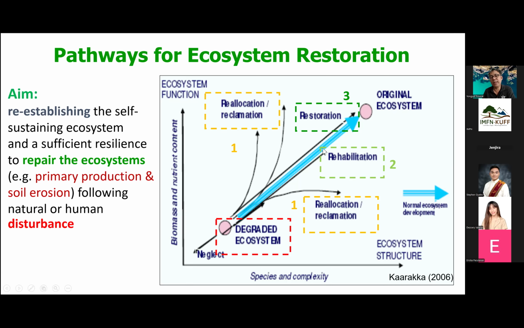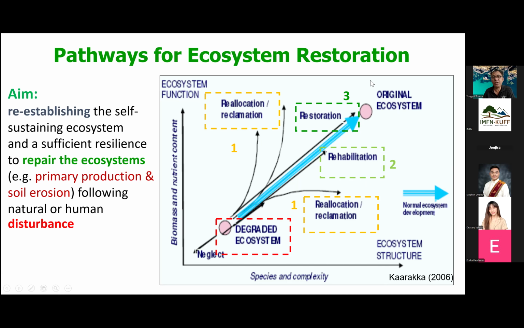The second one is rehabilitation. Rehabilitation is in the middle stage, or is ongoing restoration, so we cannot reach the final stage of the ecosystem yet.